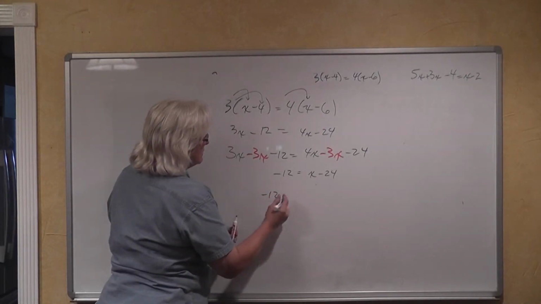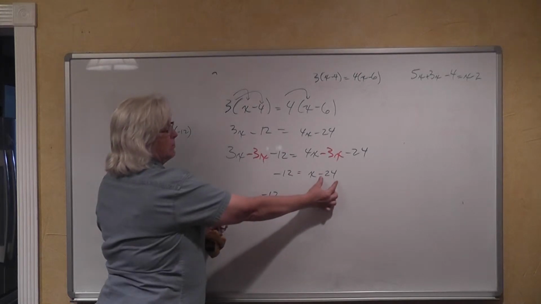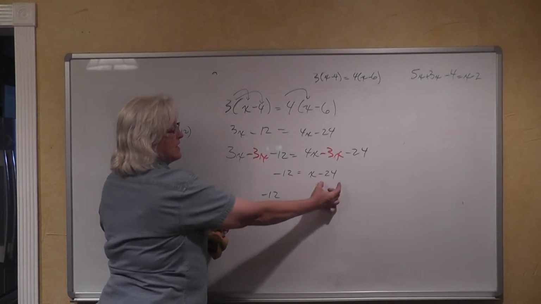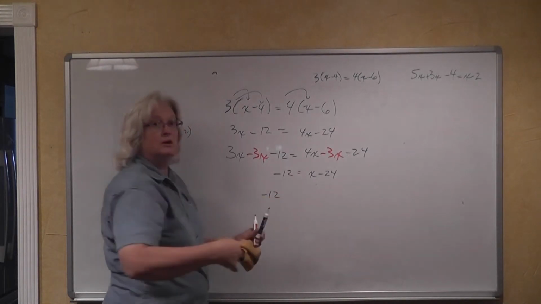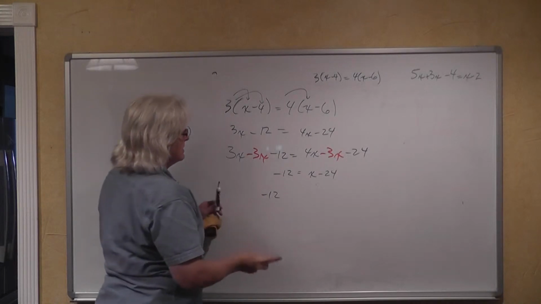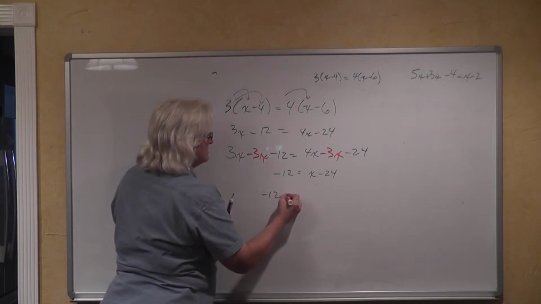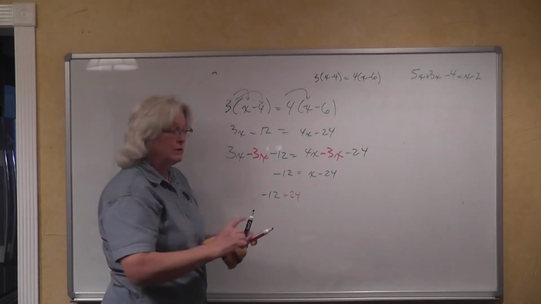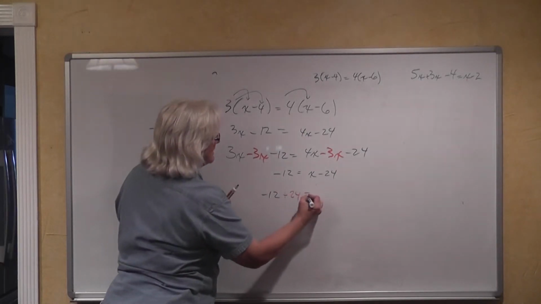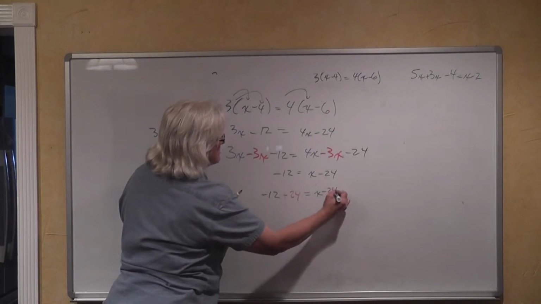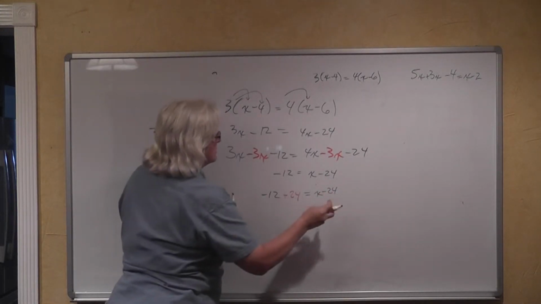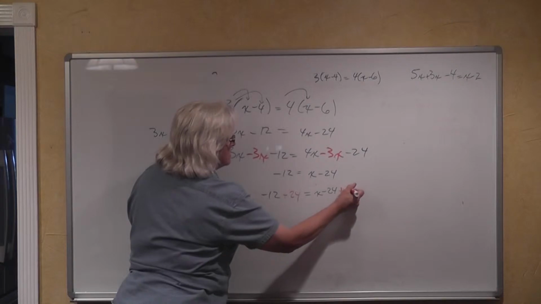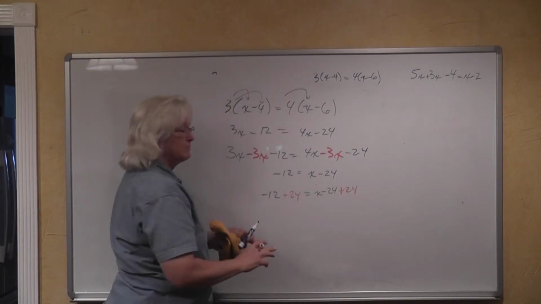So what are we going to do? Well, what happened here? x had 24 subtracted from it. The inverse of subtraction is addition. So we are going to have to add 24 to both sides of that equation. x minus 24 plus 24.